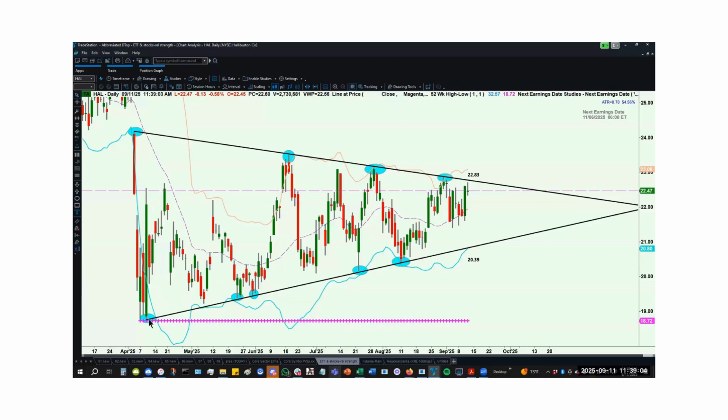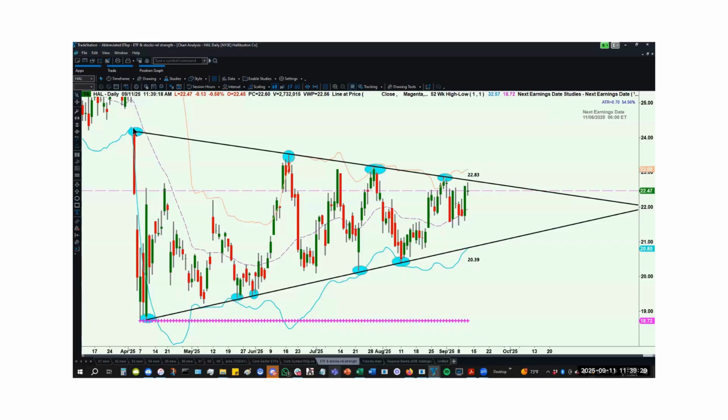If you notice right here, we have the lower Bollinger Band, and the trend line right here. The trend line comes down right to the Bollinger Band and bounces off. It comes down again to the Bollinger Band, bounces off, comes down to the Bollinger Band, bounces off. These are all coinciding with that trend line and the Bollinger Band.